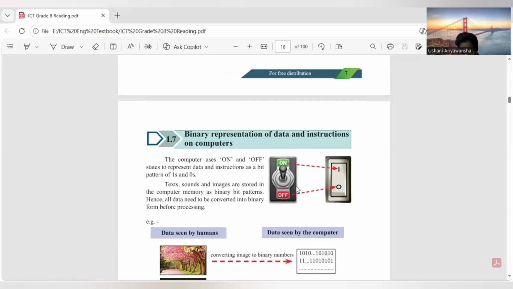The computer uses on and off to represent the data and instructions as a bit pattern of ones and zeros, right? On means 1, off means 0, right?